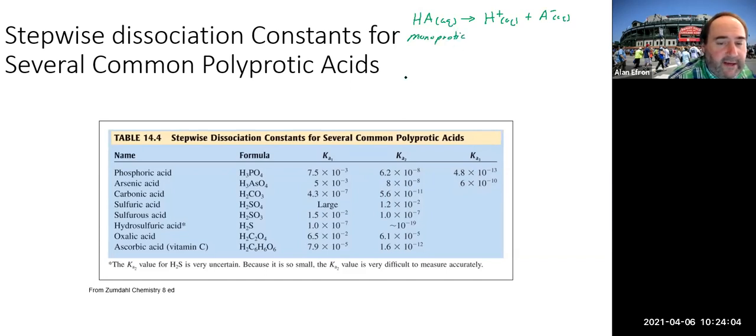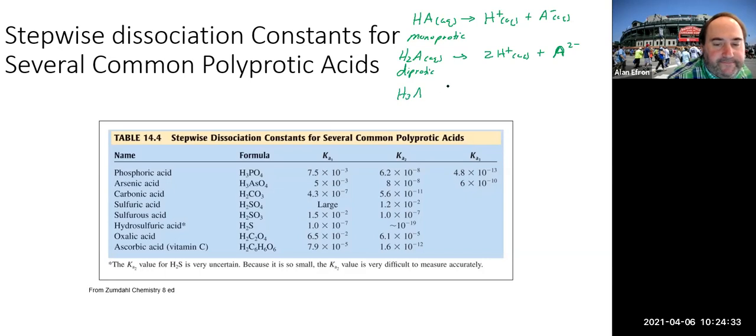It has one H plus to give. H2A is the generic formula for a diprotic acid, which will give away two H pluses and an A with a -2 charge. That's the important part there. It has a -2 charge because there are two of those H pluses, and that's what's referred to as a diprotic acid.